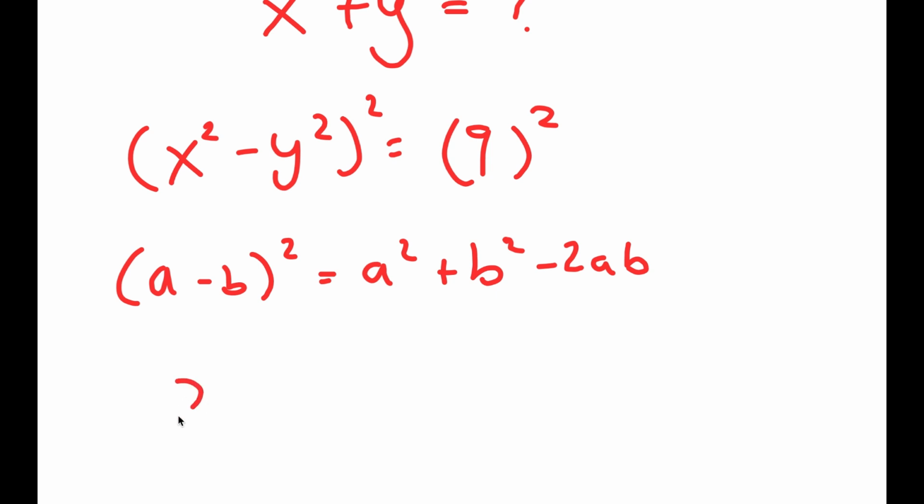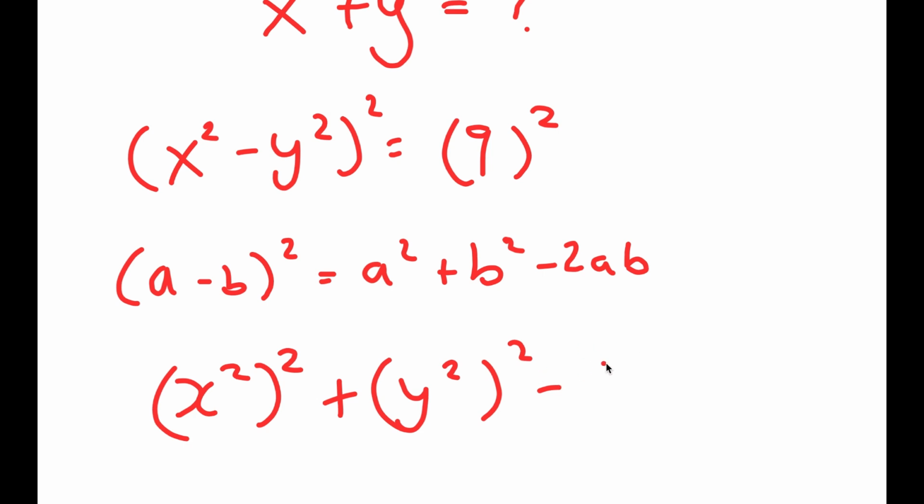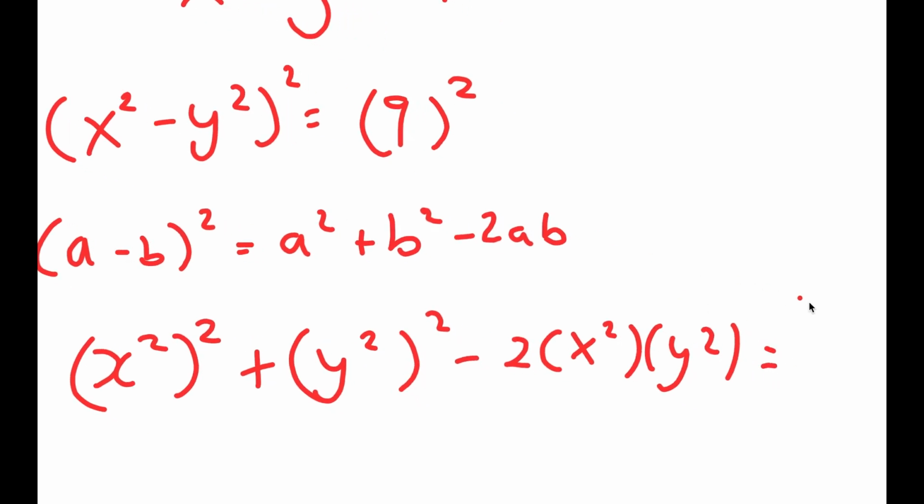So this turns into (x squared) squared plus (y squared) squared minus 2 times x squared times y squared, which is equal to 9 squared, which is 81.